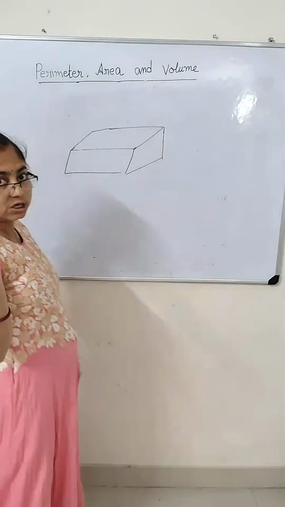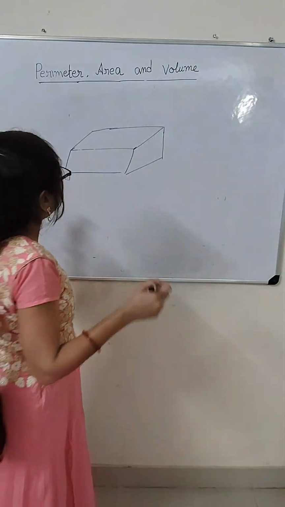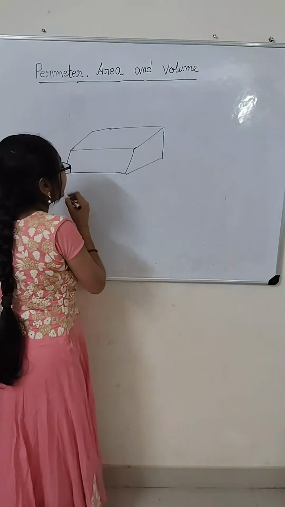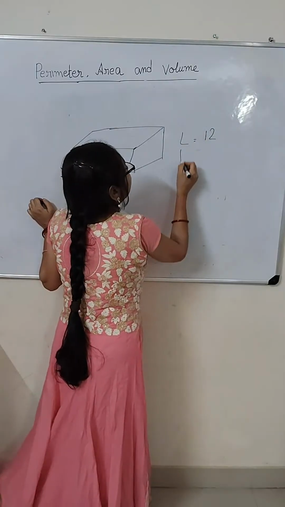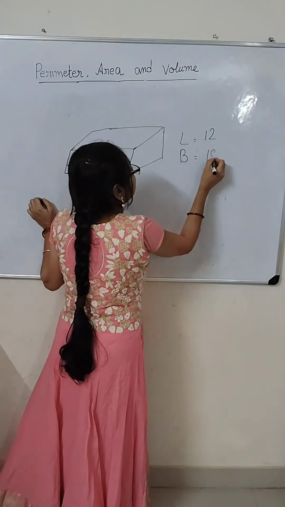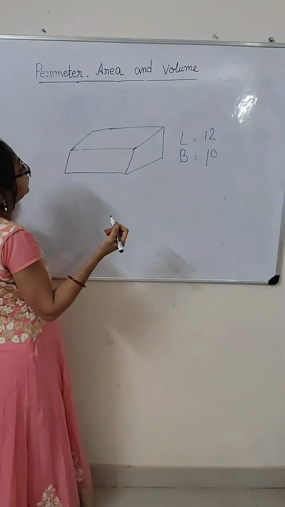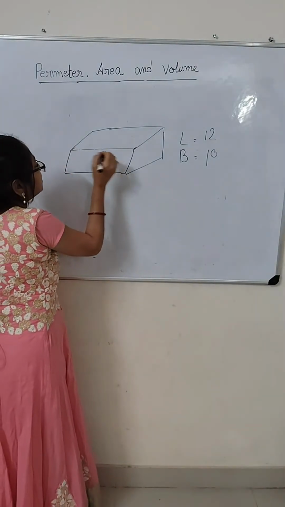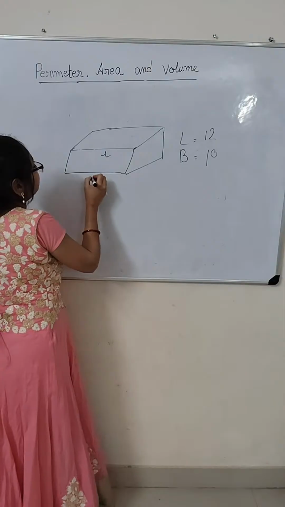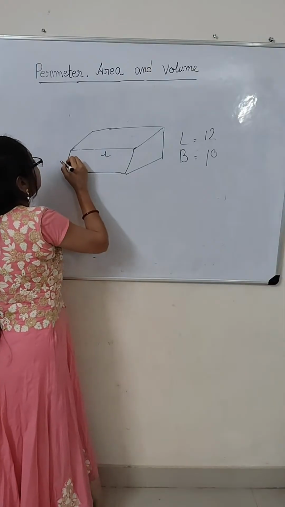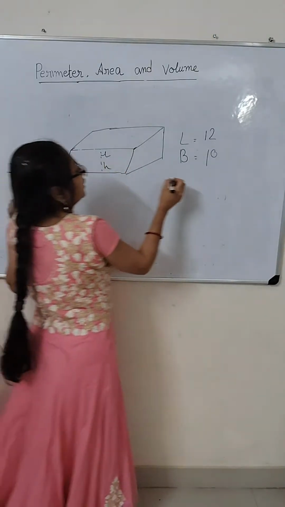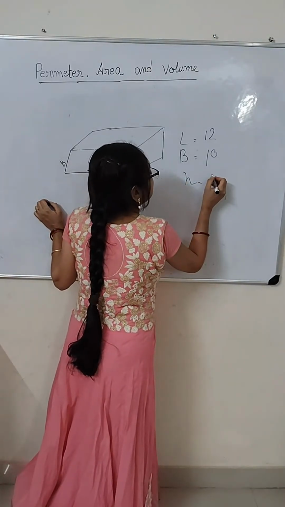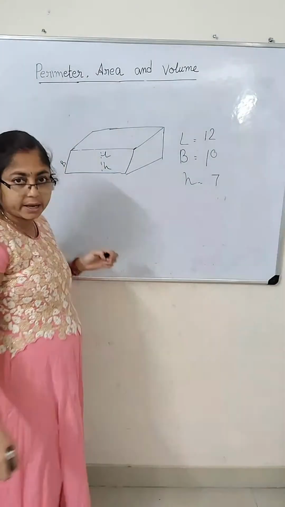It is a 3D shape, cuboid. Length is 12, breadth is 10, and height. This is length, this is breadth, and this one is height. And height is 7. Okay?